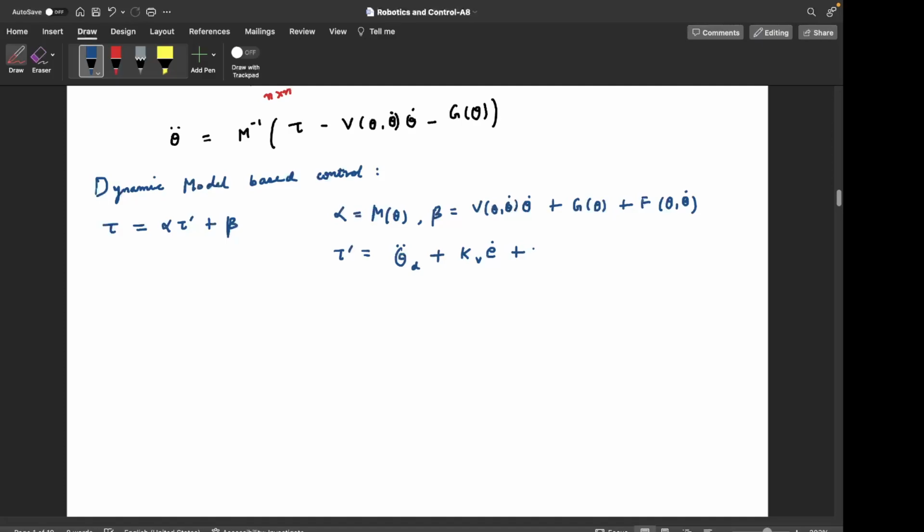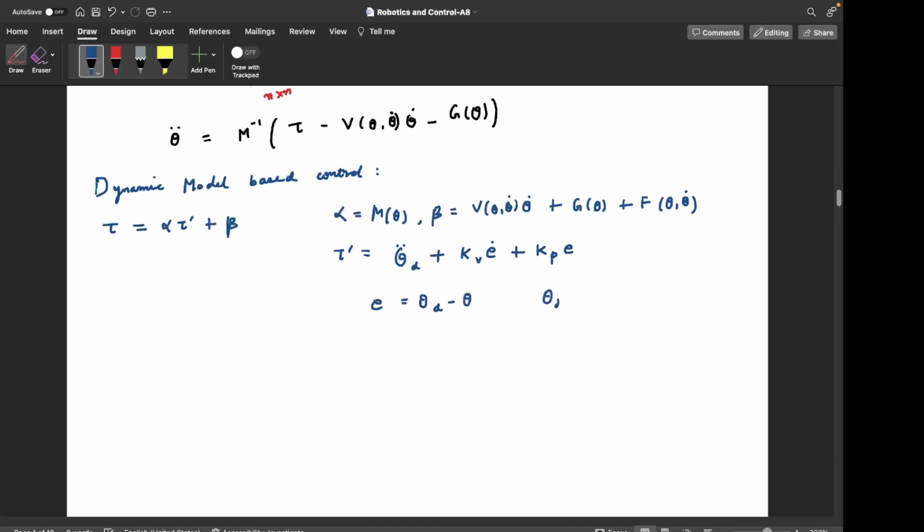So Kv times E dot plus Kp times E, where E is theta desired minus the actual. So the subscript D denotes desired, right?